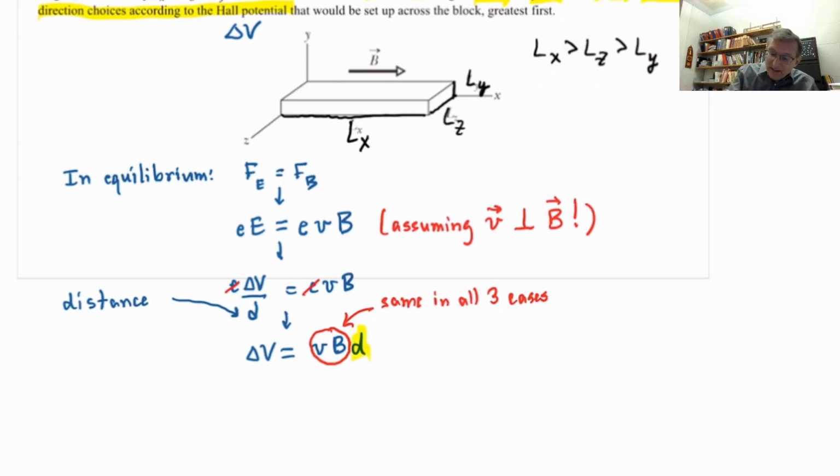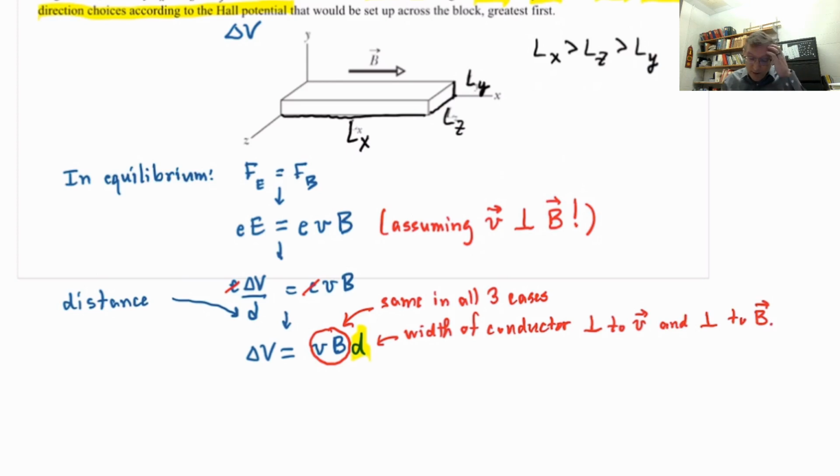And that distance, d, well, that is the width of the conductor along the dimension that is perpendicular to V and perpendicular to B.